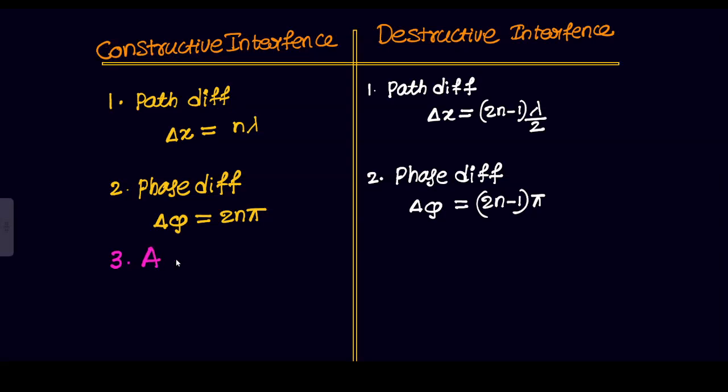Next. Maximum amplitude will come in the constructive case. How much is this value? A1 plus A2, maximum amplitude. In case of destructive, we have a minimum amplitude, which is A1 minus A2.